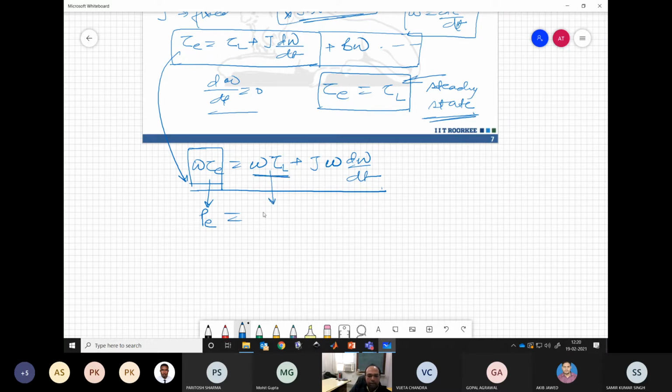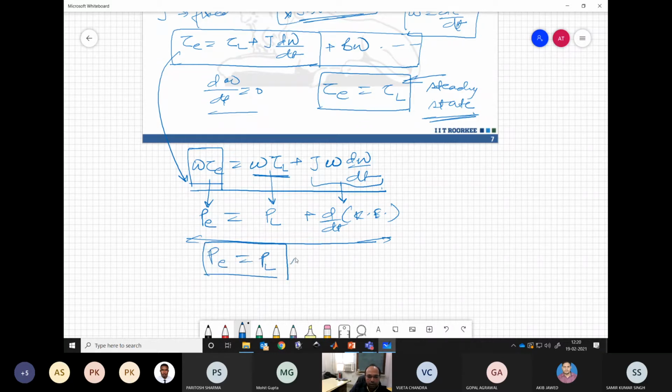This section represents the power taken by the load which is attached to our machine, and this is basically the rate of change of our kinetic energy. Again, under steady state, there will not be any change in the kinetic energy, and our entire electrical power would be fed to the load. So this is under steady state.